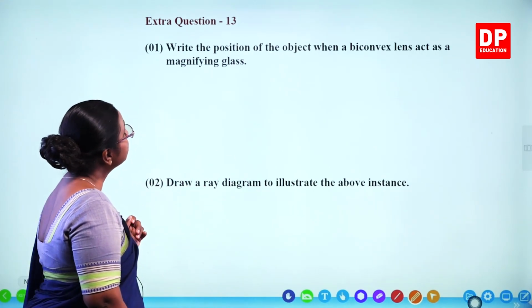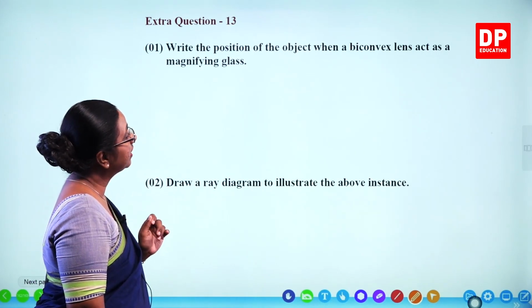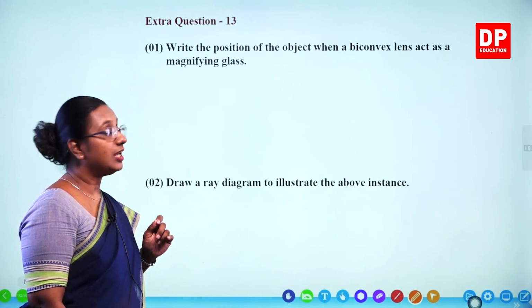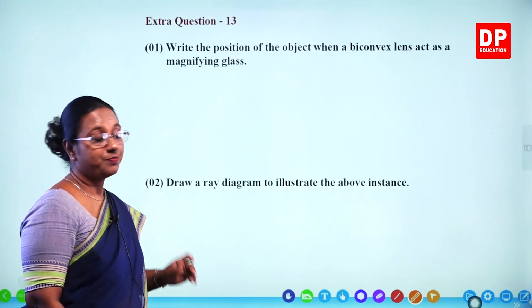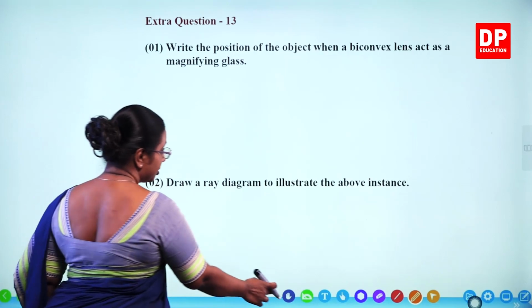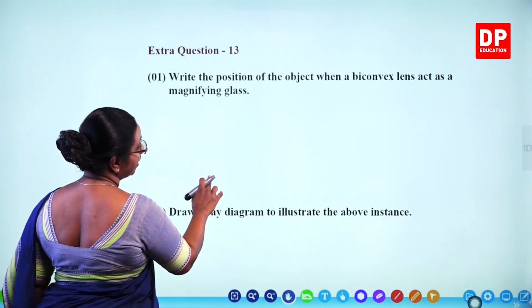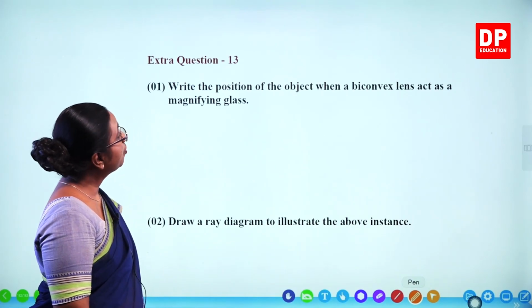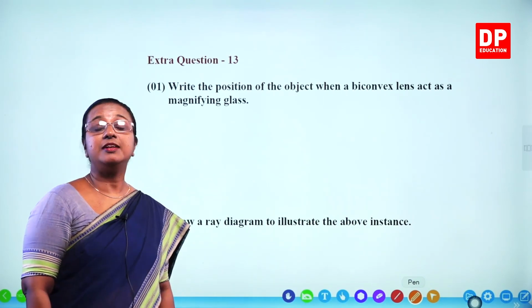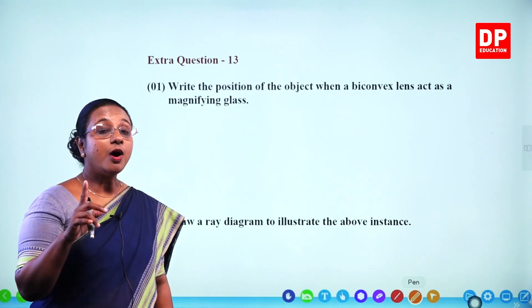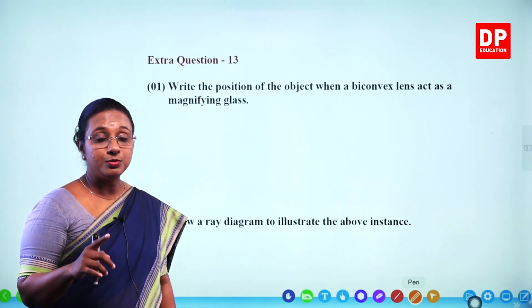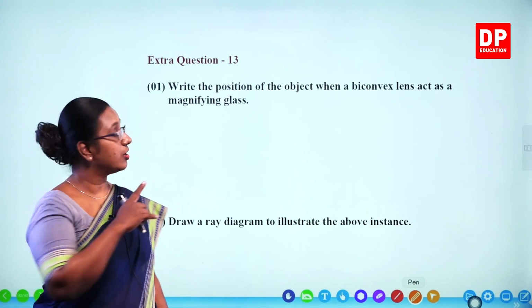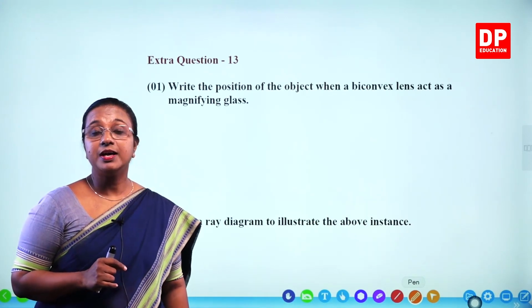So write the position of the object when a biconvex lens acts as a magnifying glass. Here we only need to write the position. So what is the position? I explained the position of the image. Where will the object be? The object has to be between the lens and the focal point in order to get this type of image.